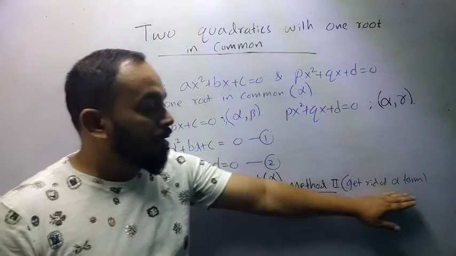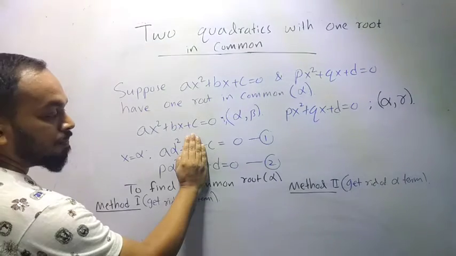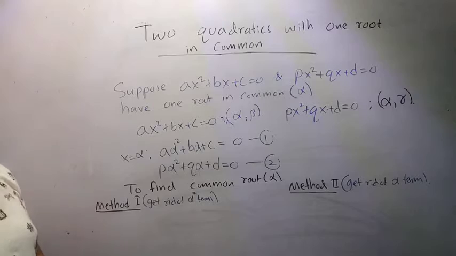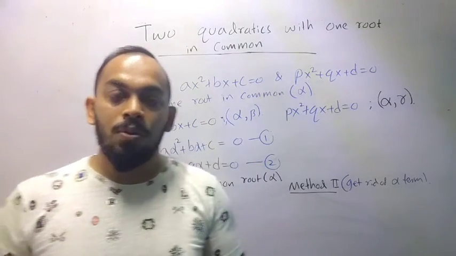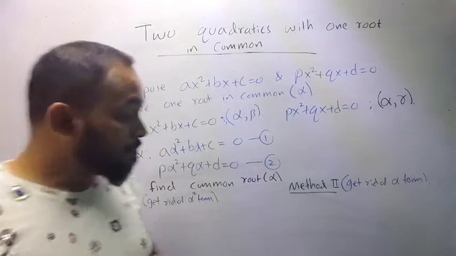Or we can get rid of the alpha terms and get alpha squared, what alpha squared actually means. Both come in handy based on the question, so we'll look into such questions in the classroom.